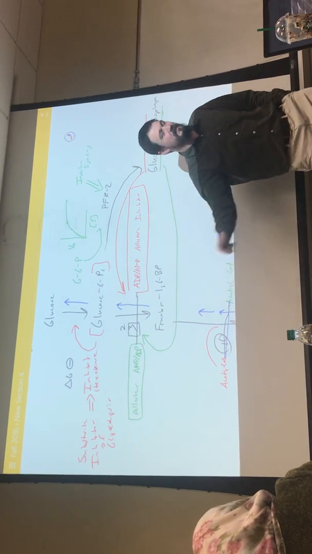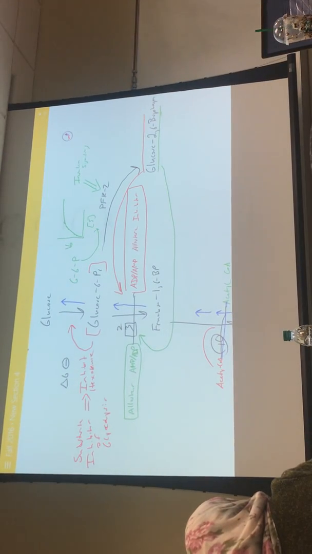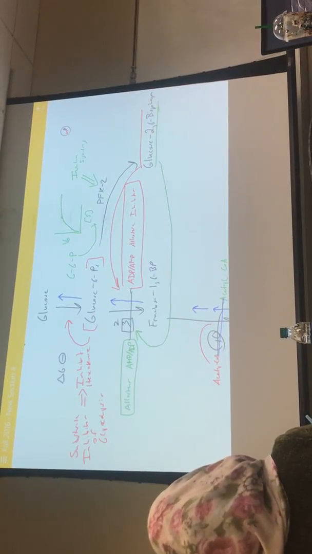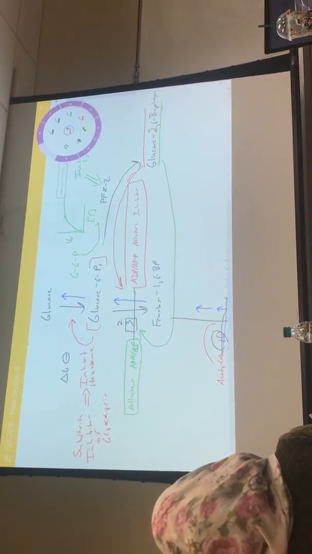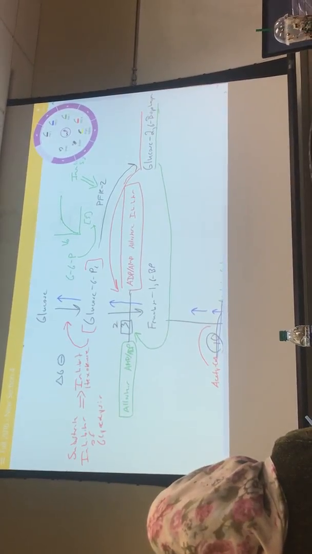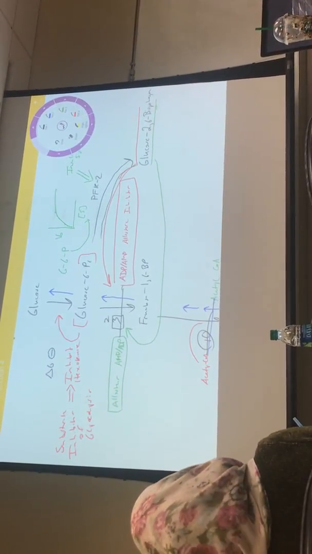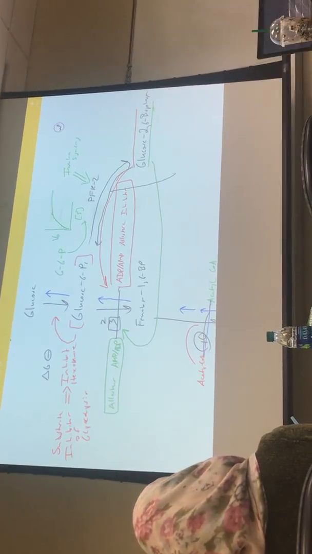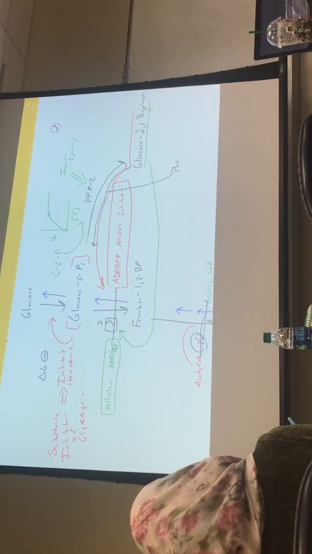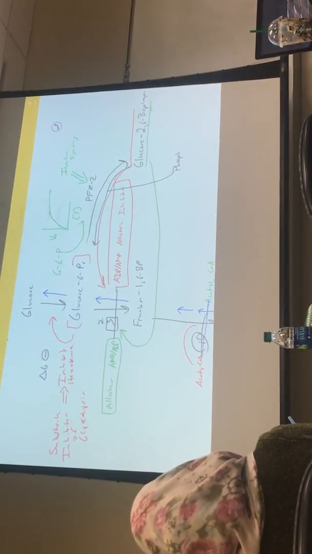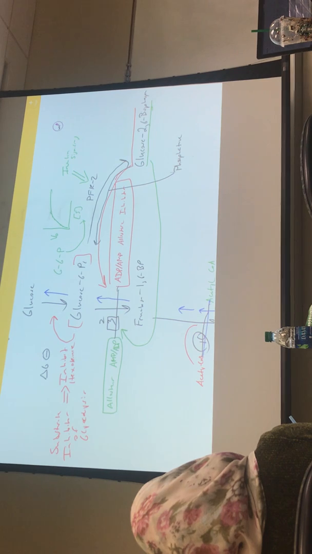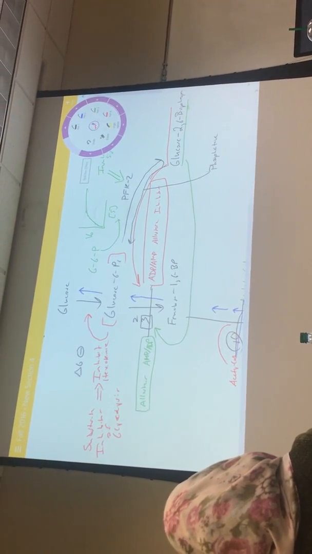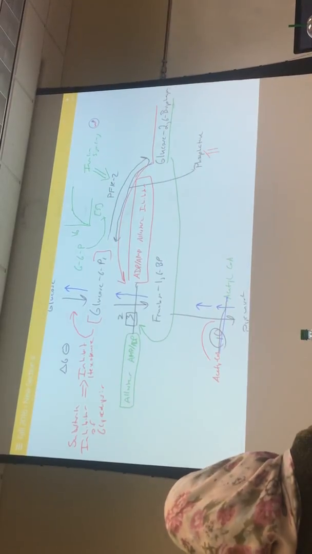You see that? Now, what reverses this is actually glucagon. So this reaction here can be reversed, okay, by a phosphatase, glucose 2,6-bisphosphatase, okay, and this is controlled by glucagon.